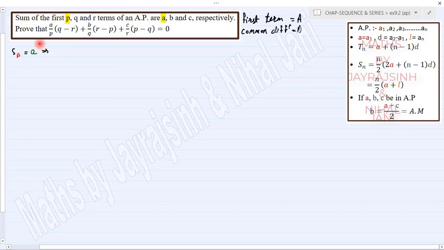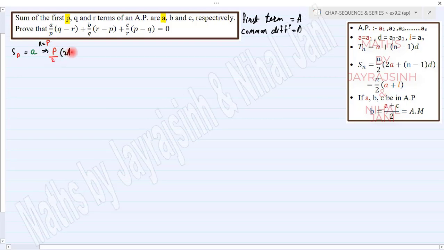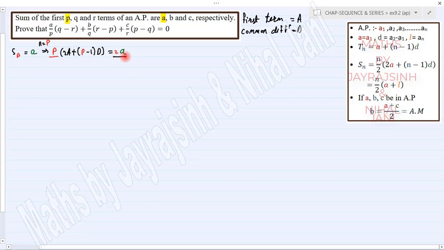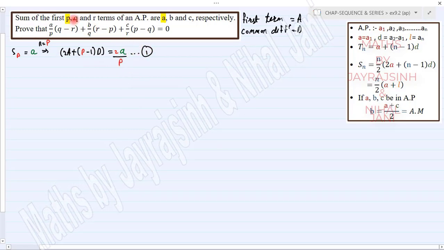So we have to replace n by p and we will get p by 2 into (2 times a plus (p minus 1) d) is equal to a. For simplification, we can move the 2 to the numerator and p to the denominator on the right hand side. So we'll get equation number 1.